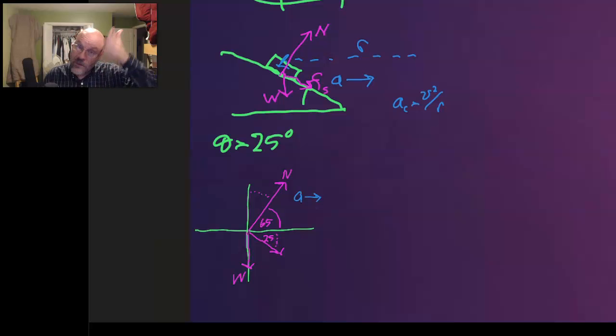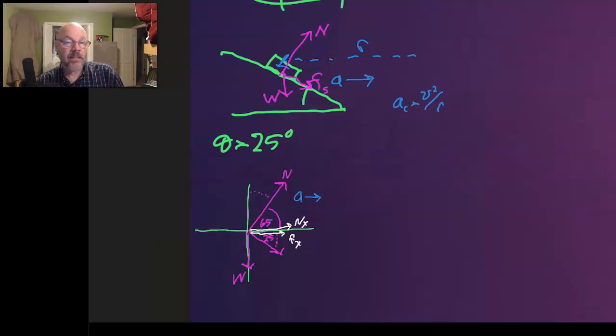So there's no vertical acceleration. The car's not popping up from the track, it's not sinking into the track. So we don't have any vertical, only horizontal. And so what that means is we're going to have the horizontal component of N, let me call that Nx, and the horizontal component of the friction force, Fx.